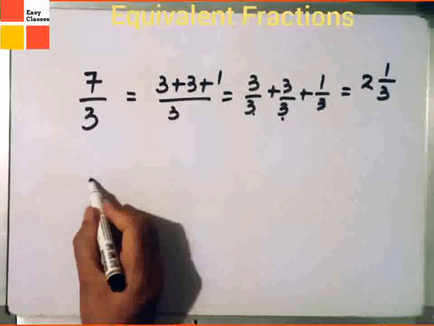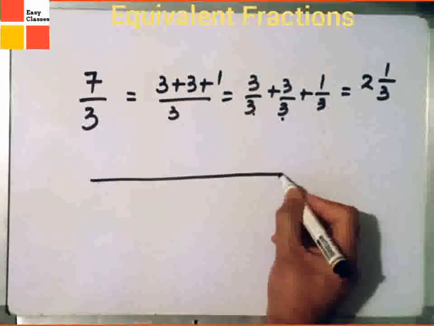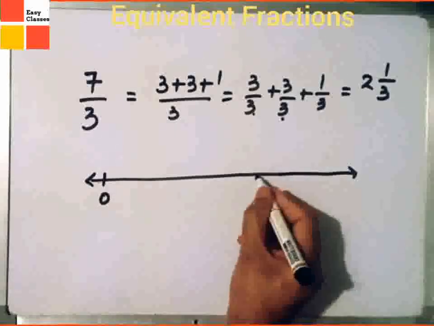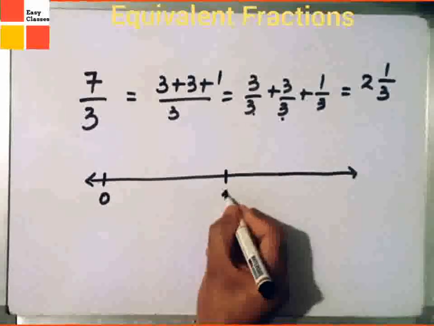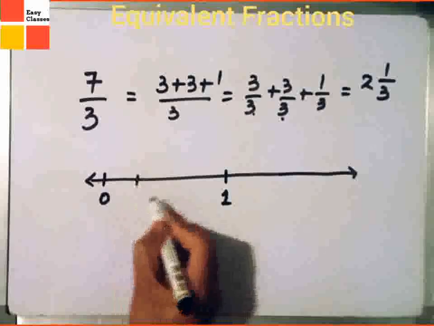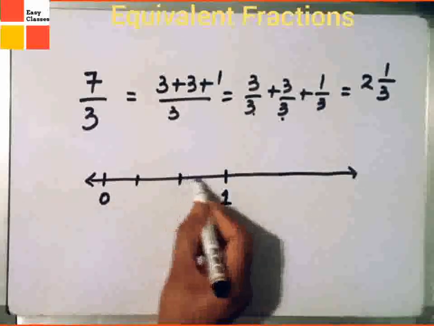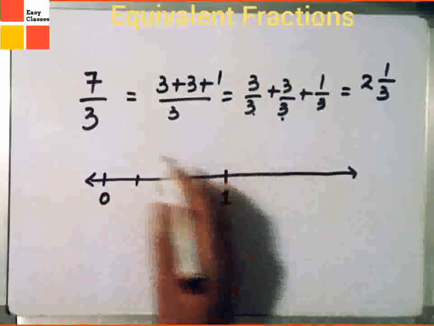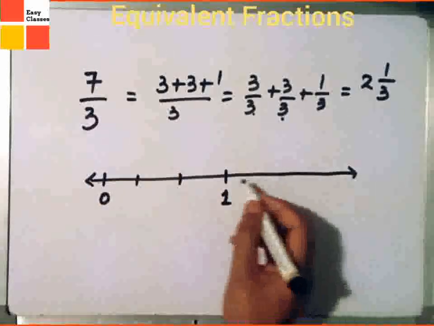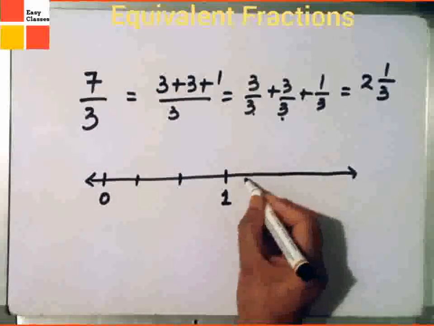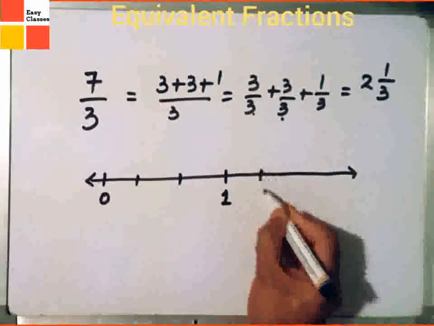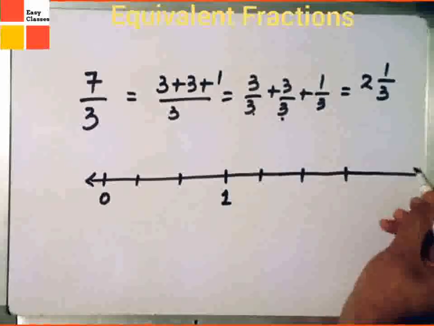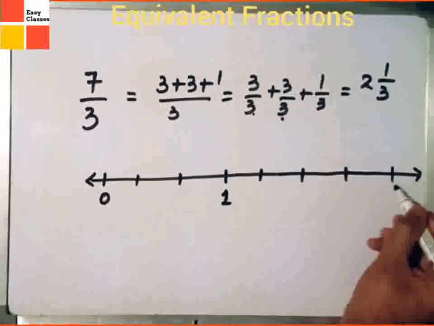So you can first divide the number line into, okay, this is whole number 0, this is whole number 1, divide it into 3 equal parts, 1, 2 and 3, 1, 2 and 3. But the numerator is 7, so dividing this number line beyond 1 into 7 equal parts, 1, 2, 3, 4, 5, 6, then 7, right?